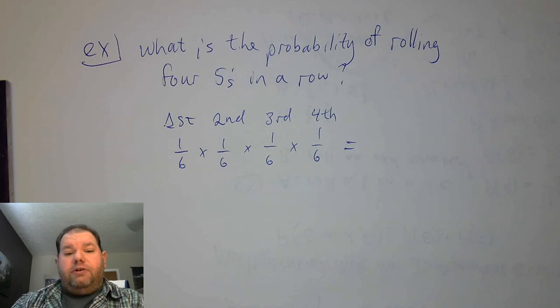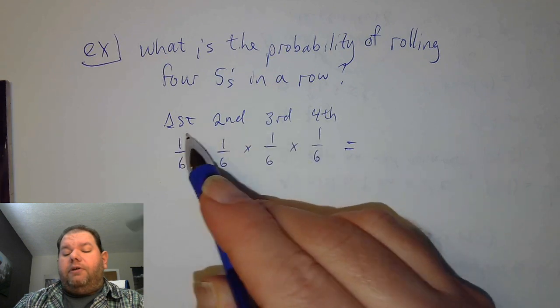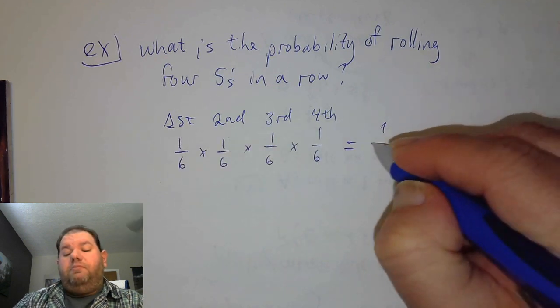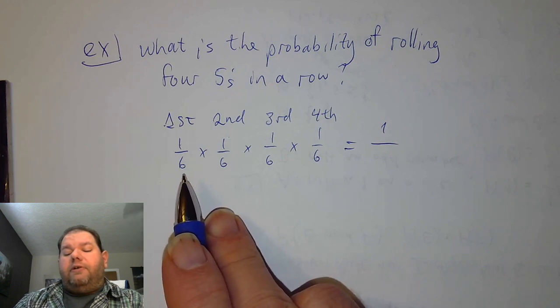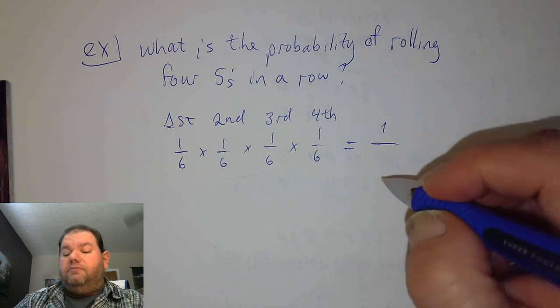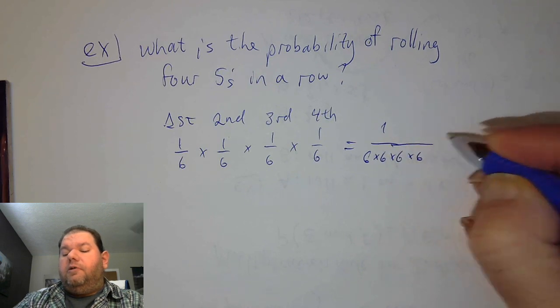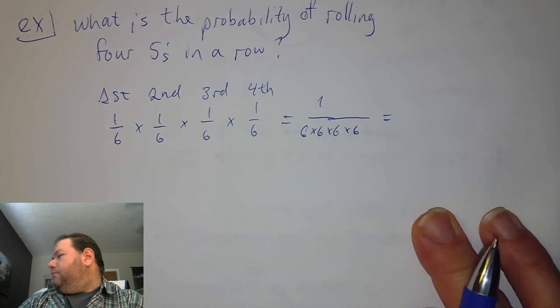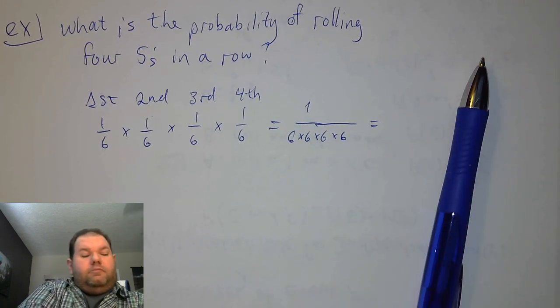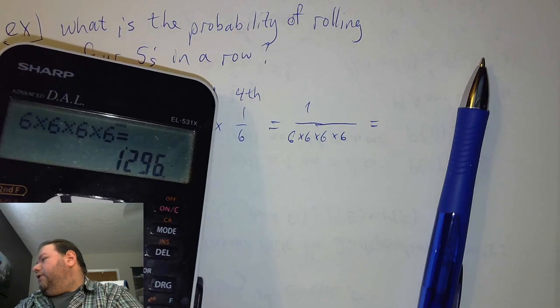Now when we multiply fractions, we multiply the top numbers going across, 1 times 1 times 1 times 1. And we multiply the bottom numbers going across, 6 times 6 times 6 times 6. So we multiply 6 times itself 4 times. And that gives us 1296.